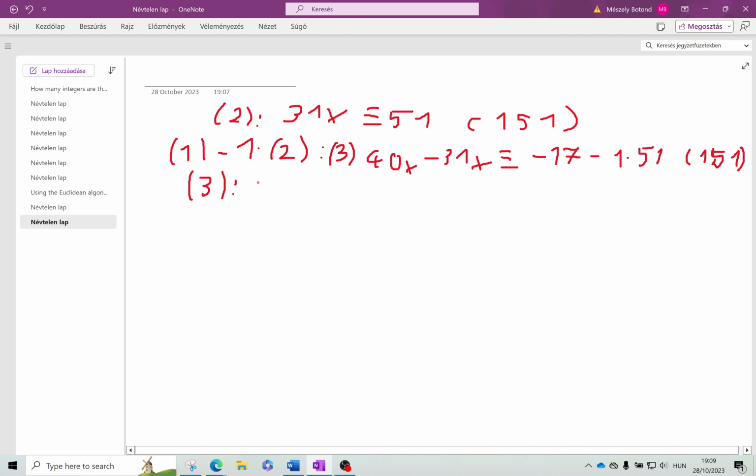and this means that the third one will be 9x congruent minus 68 modulo 151.